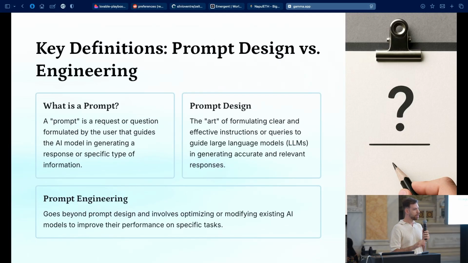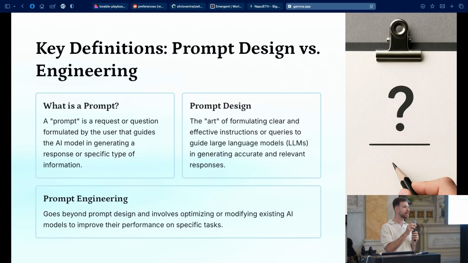Prompt design is the art of formulating a great question, clear and effective, to the LLM, in order to generate an accurate response.